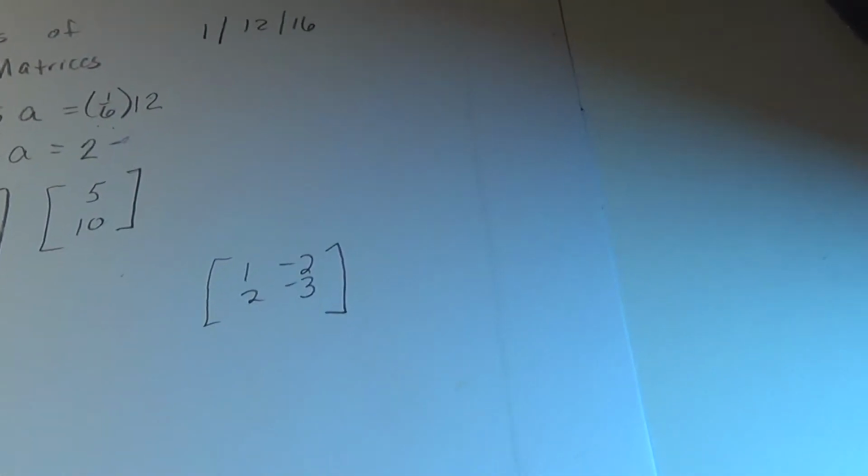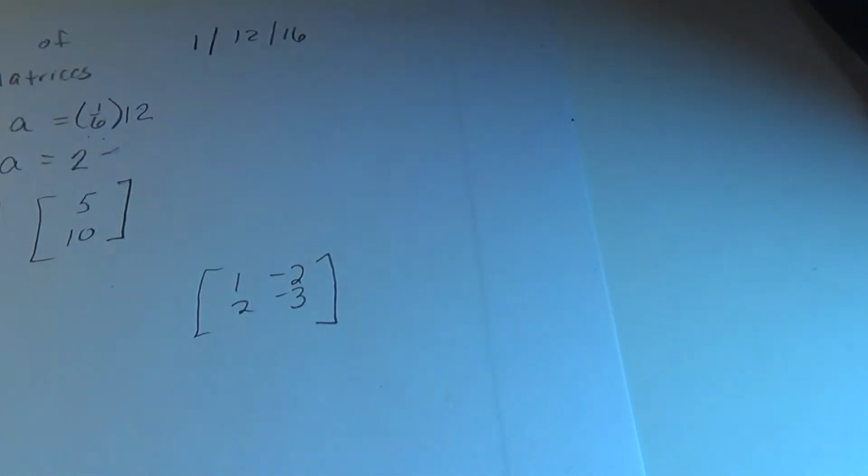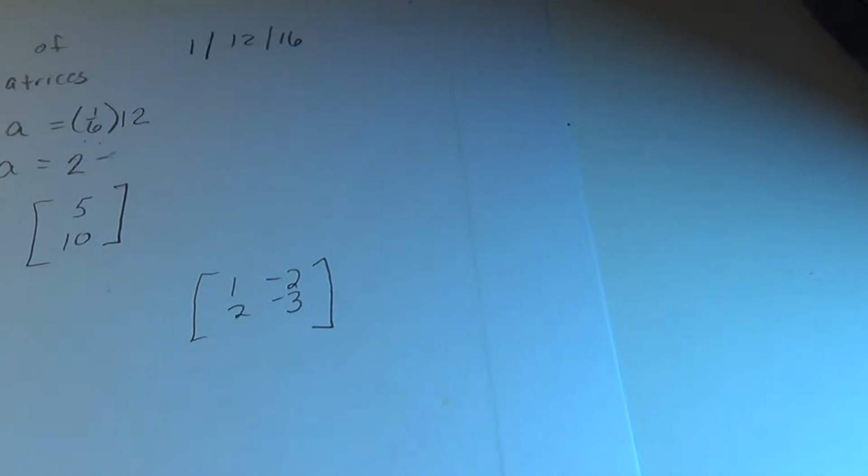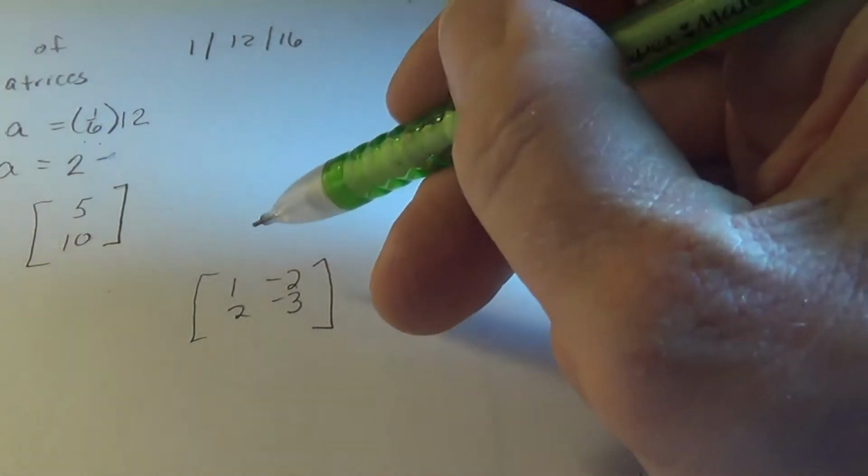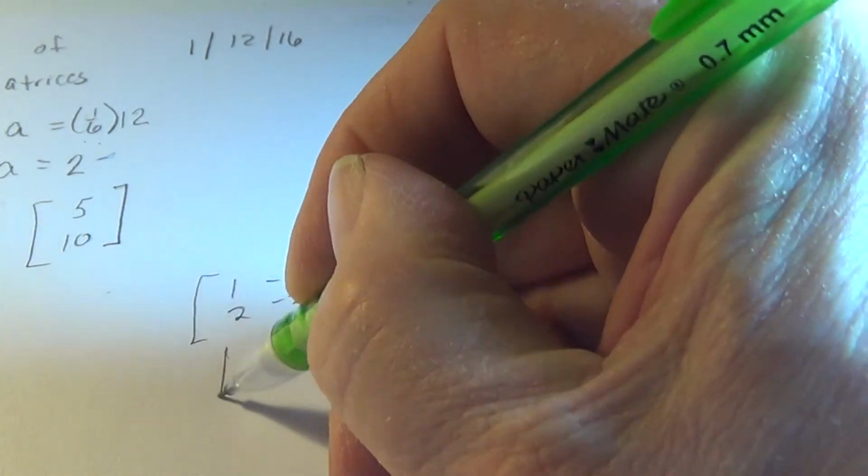So let's say I'm going to take the matrix 1, -2, 2, -3. I'm going to apply the process to this matrix that will let me find the inverse. What we learned about 2 by 2s is to find the determinant.